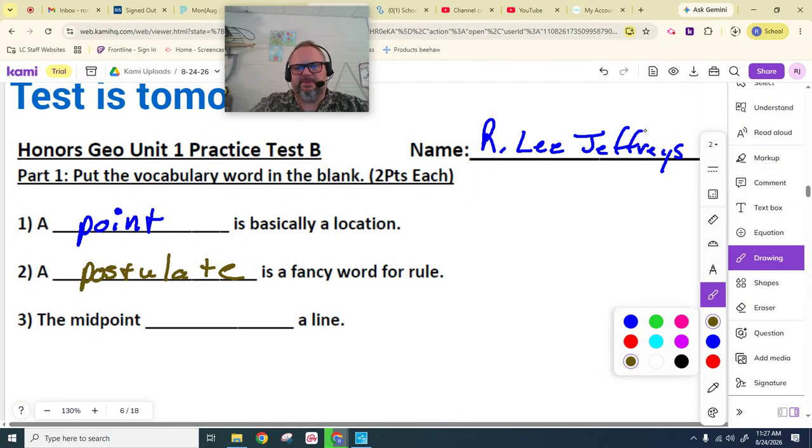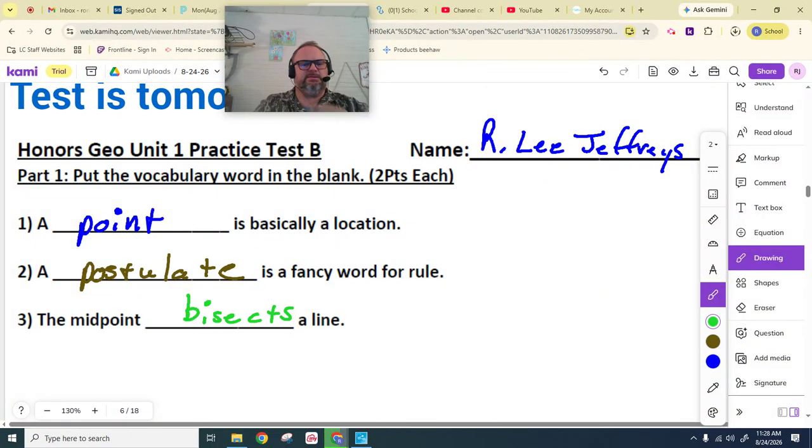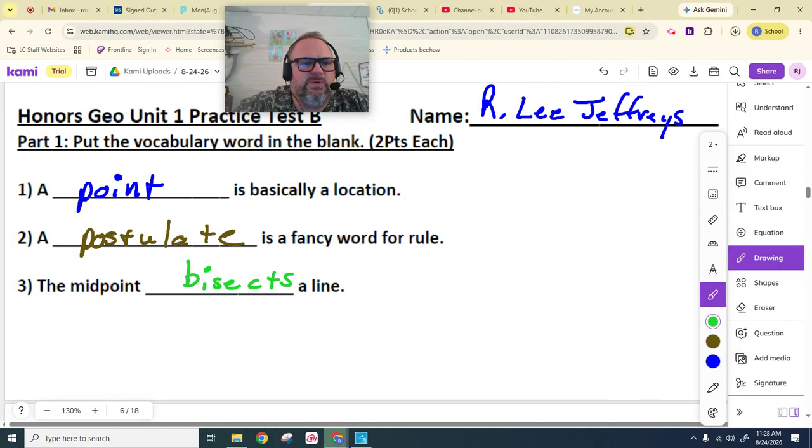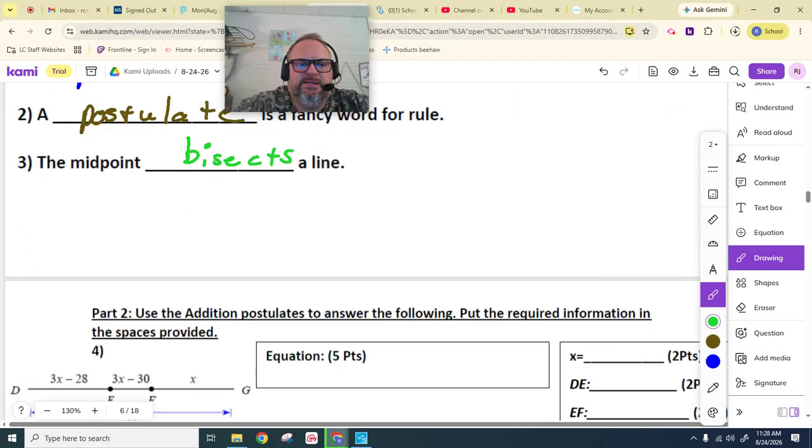A blank, the midpoint blanks a line. All right. Any questions on part 1?